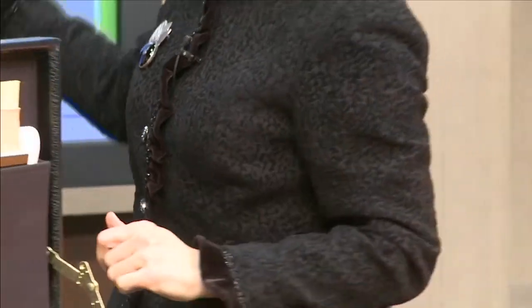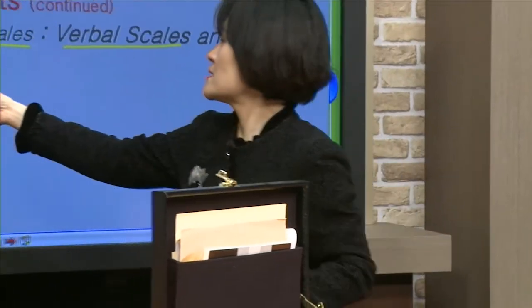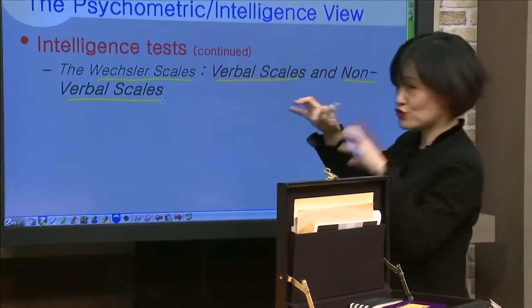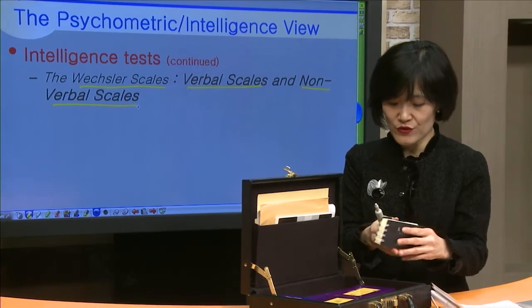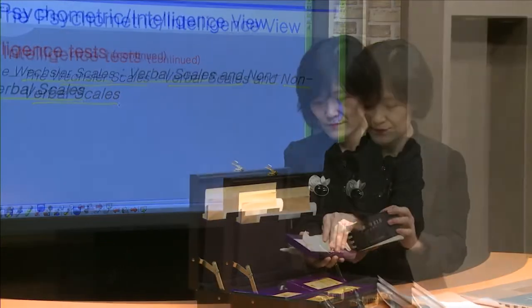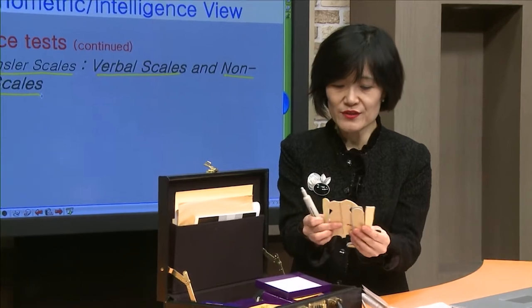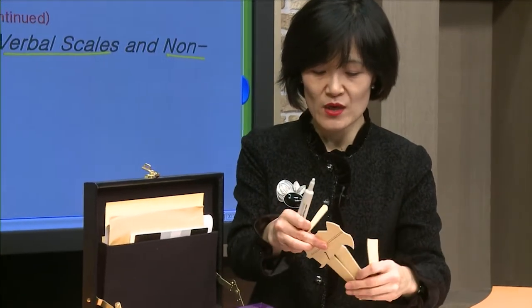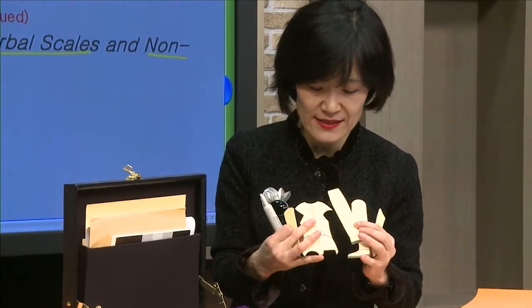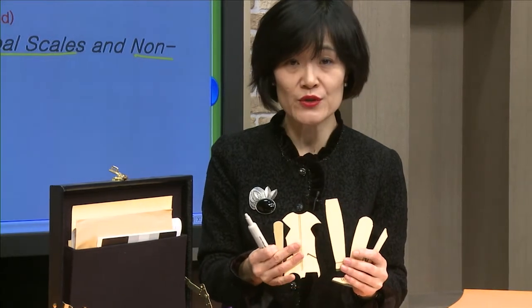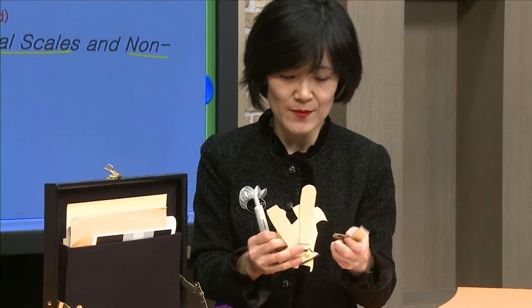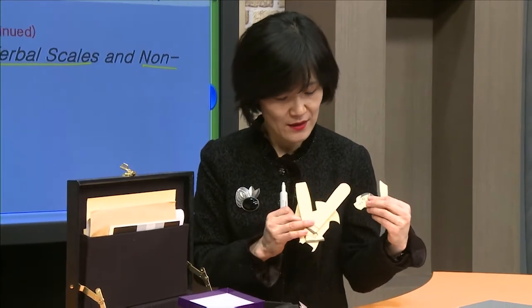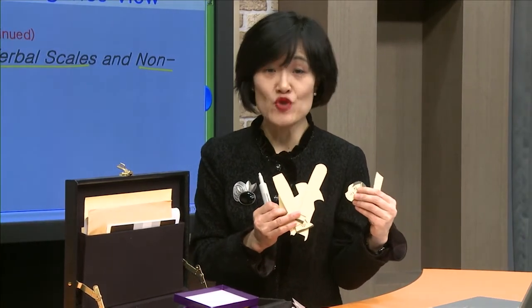And another set is the non-verbal scale. So this is the two basic components. And just to show an example, we give a certain amount of time and we measure how fast individuals can make the right shape.